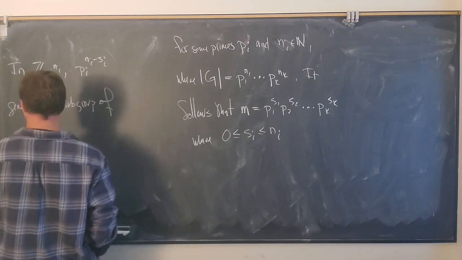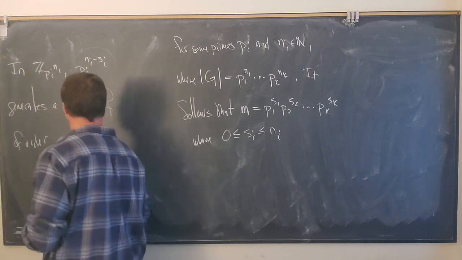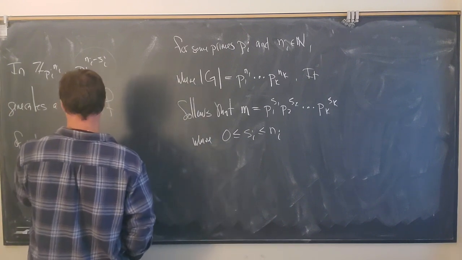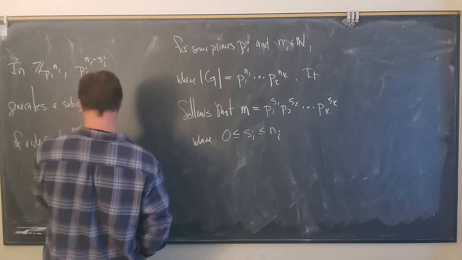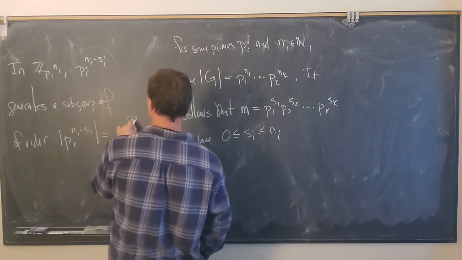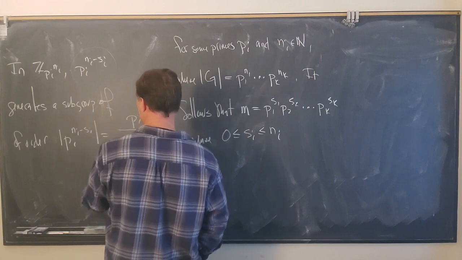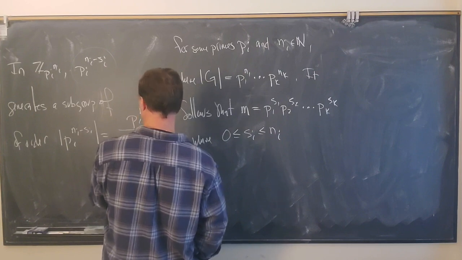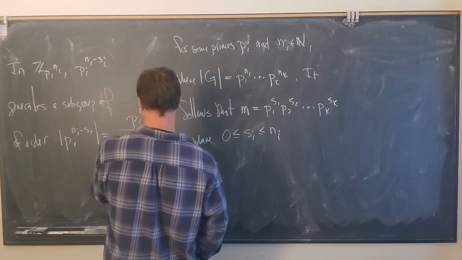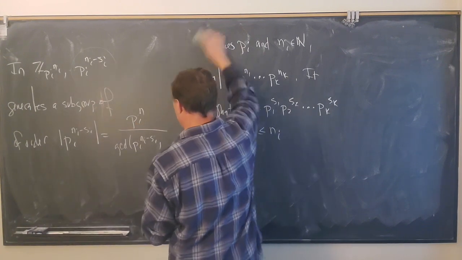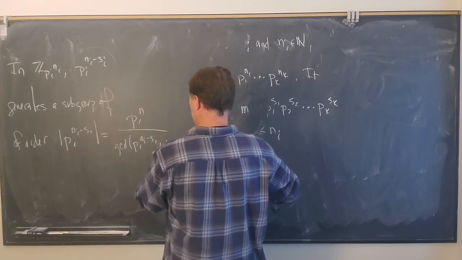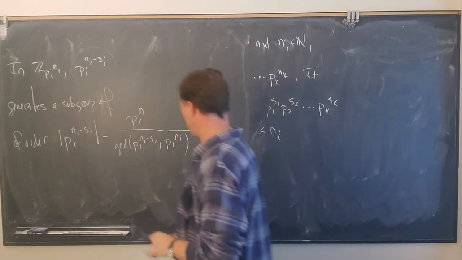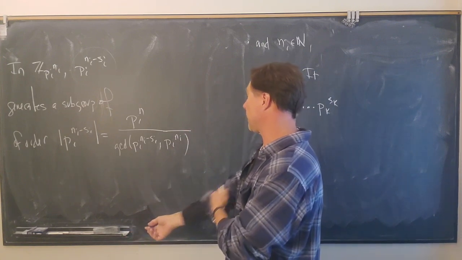of some order. So remember how to compute the order. The order of p_i to the n_i minus s_i is equal to p_i to the n_i over the GCD of p_i to the n_i minus s_i and p_i to the n_i. The GCD is going to be p_i to the n_i minus s_i.